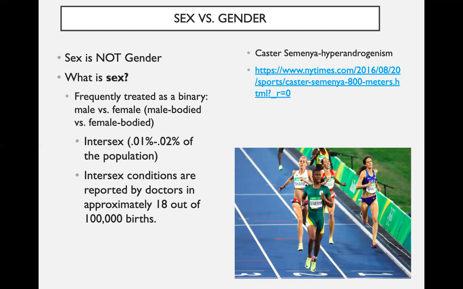They can have varied sex hormones. What I mean by that is that oftentimes we associate women with having a higher percentage of estrogen than men, especially post-puberty, and men having a higher ratio of testosterone than women post-puberty.